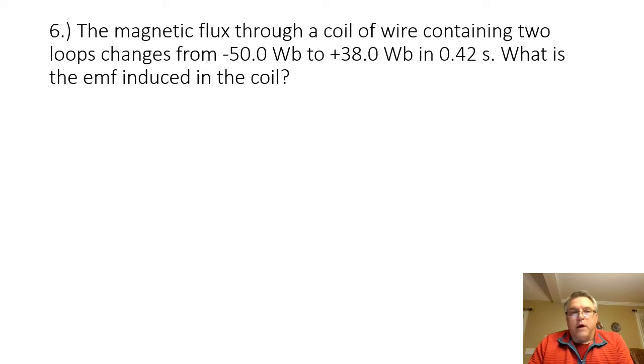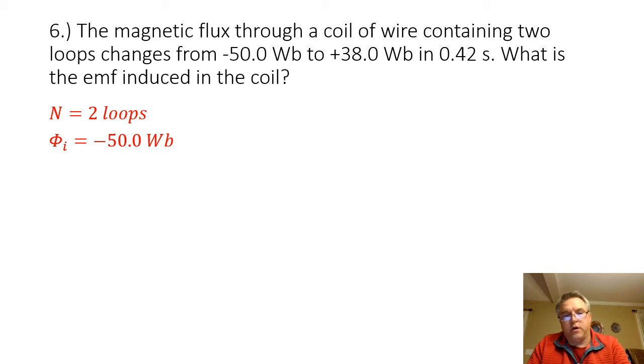What are we given in this problem? Well, we are given the number of loops, or the number of turns in the coil, which is 2. We are given the initial value for the magnetic flux, and remember, for magnetic flux we use the Greek letter phi. That is negative 50.0 Weber.